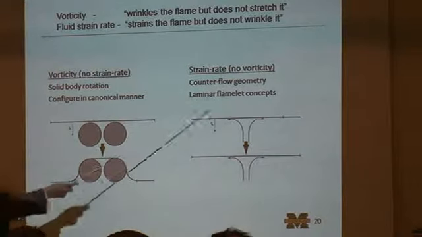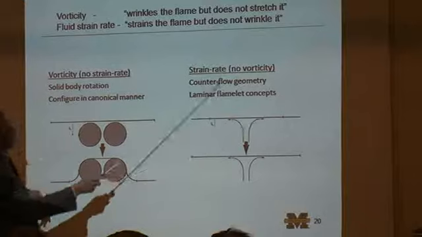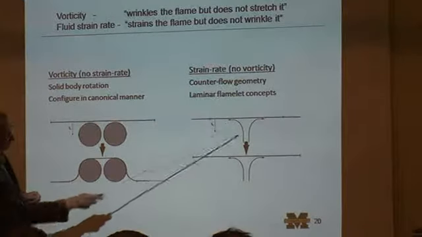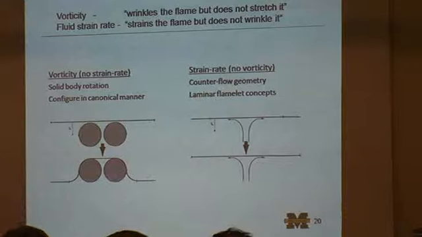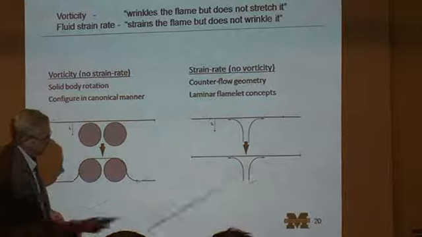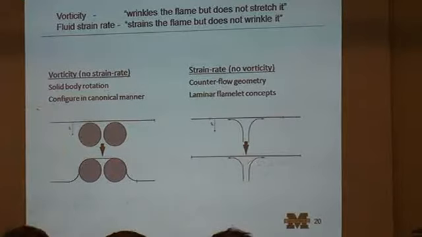On the other hand, you can have a counterflow flame where you have no vorticity, but you have strain. And so that's a different velocity field. We can write this mathematically and show that these 2 points will now move out to here, and there's no vorticity.